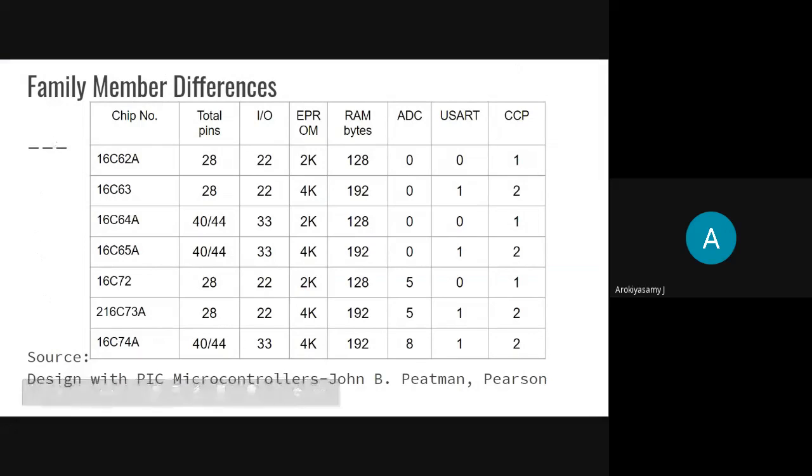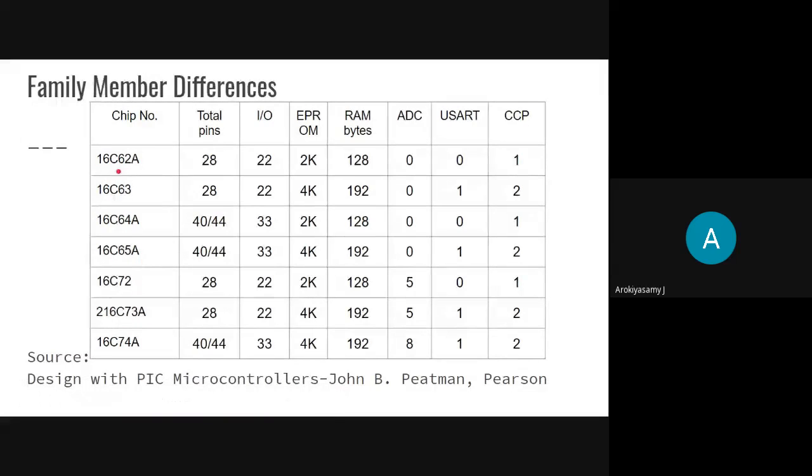See the list of microcontroller ICs. The first column denotes chip numbers. There are various versions of the 16F or 16C series. 16C and 16F are more or less the same.